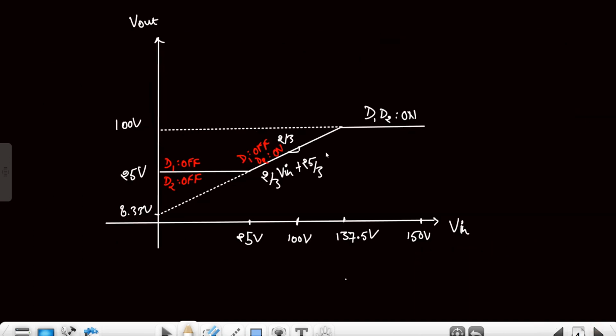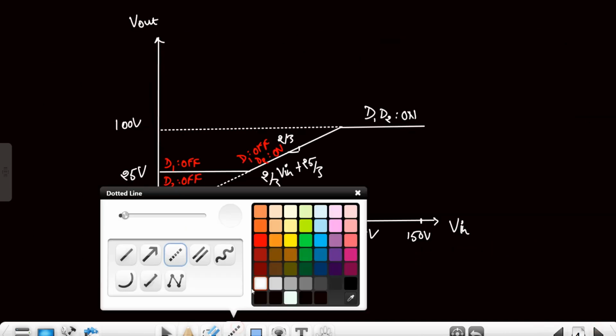This can be a good question because when the input is 100 volts, we have to use this straight line equation.